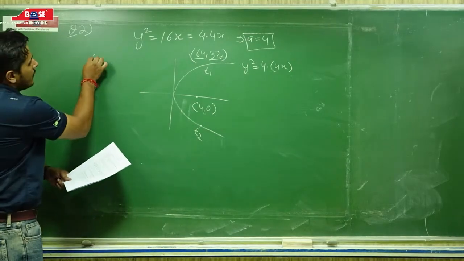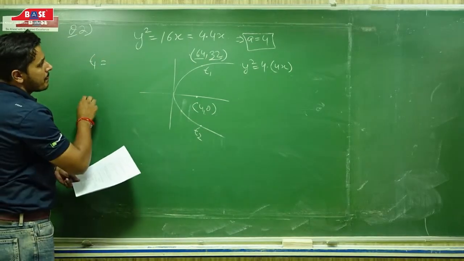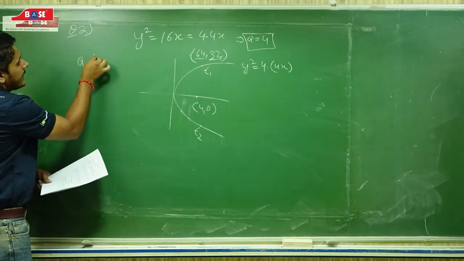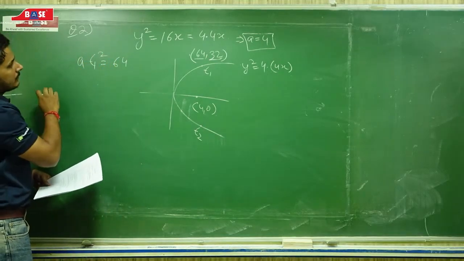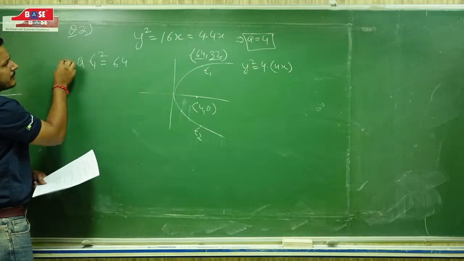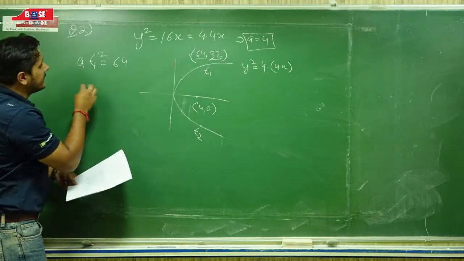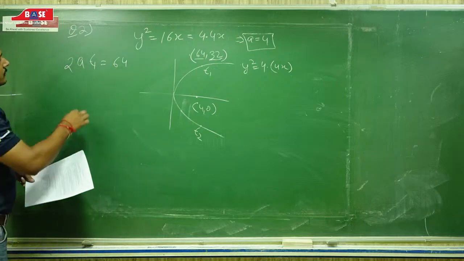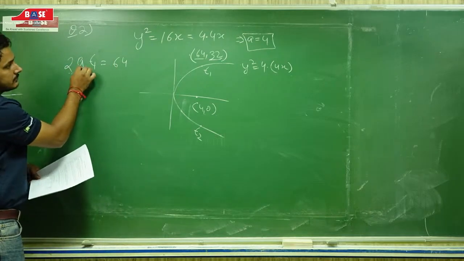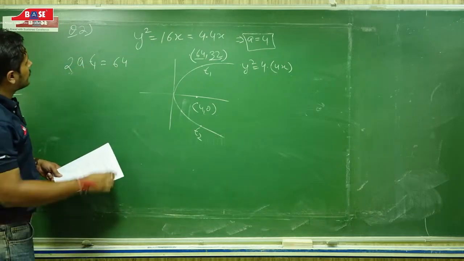So a t1 square is equal to 64. Do not use this, otherwise plus minus will come. So let me use the y coordinate over here. So that is 2a t1 is equal to 64. Sorry, a value is 4.